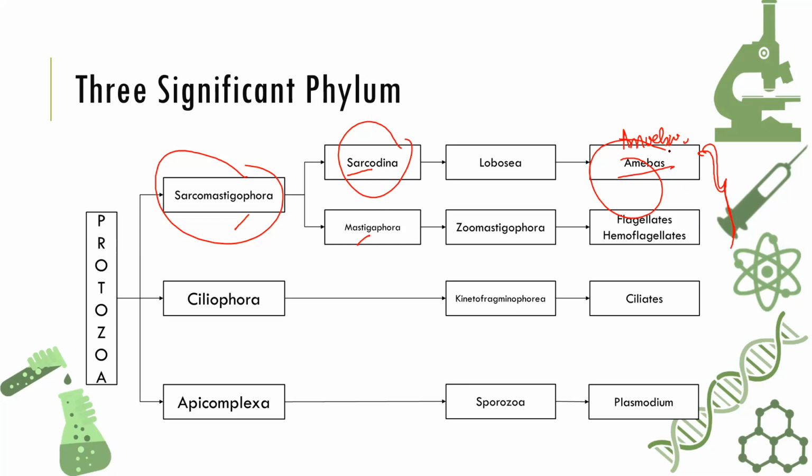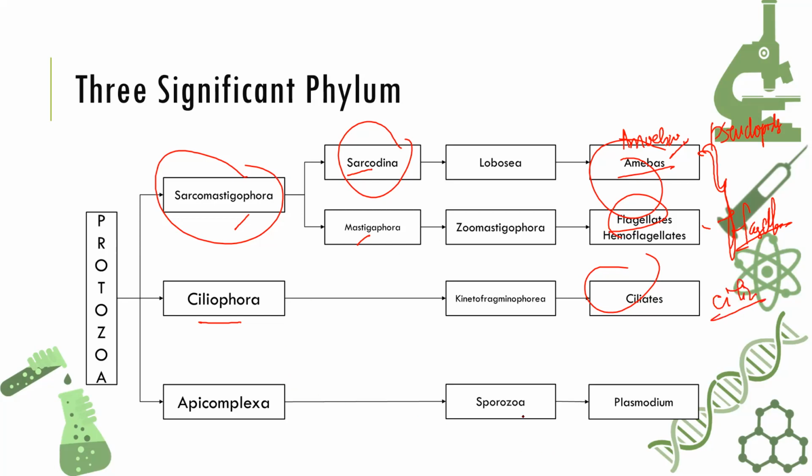The only difference is that the organ of locomotion for amoebas is the pseudopods, while the organ of locomotion for flagellates and hemoflagellates, from the word itself, is the flagella. For ciliates, we have the Ciliophora, and they have cilia.